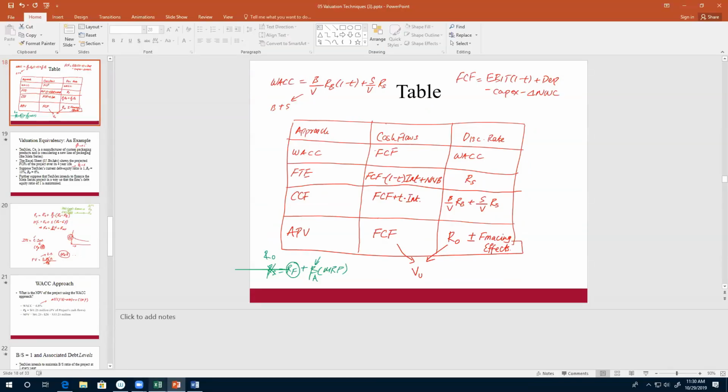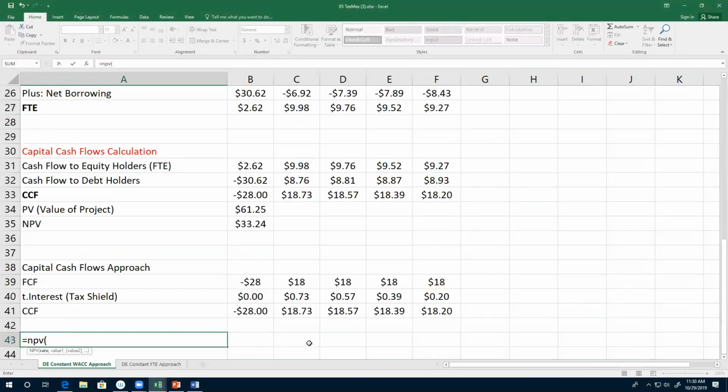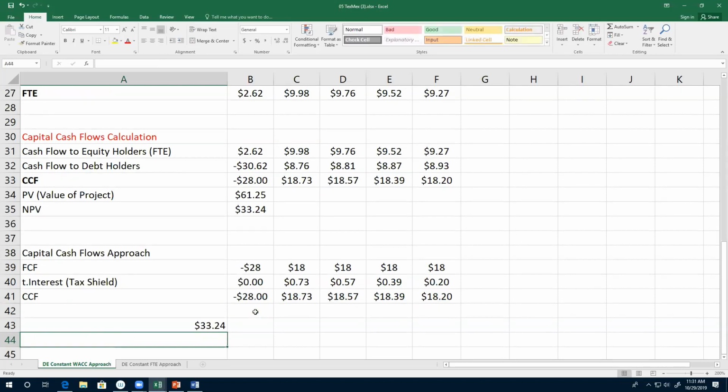And so if you actually go here and do 0.08 and then discount all of these, and then after this, add the initial investment, 33.24, which again is the net present value of the project.